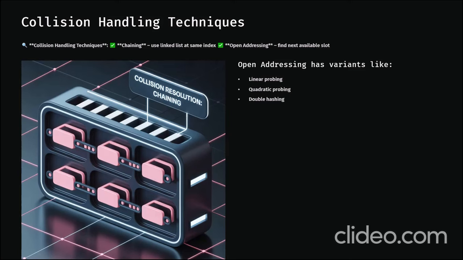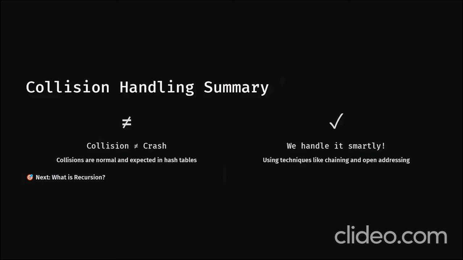Open addressing has variants like linear probing, quadratic probing, and double hashing. Right? So your summary will be: collision does not mean crash. Collisions are normal and expected in hash tables. We handle them smartly using techniques like chaining and open addressing.